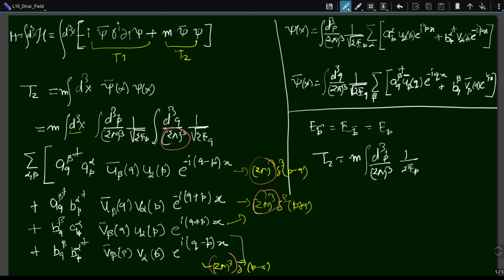So maybe I can write that here. What are these? U alpha and U beta, U bar alpha and U bar beta, when P is equal to Q. That's very important.